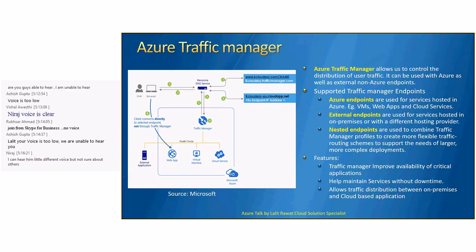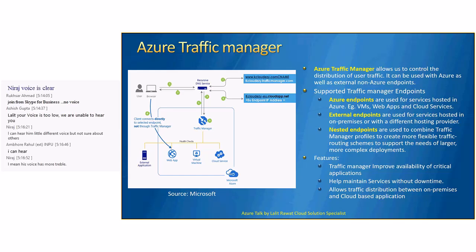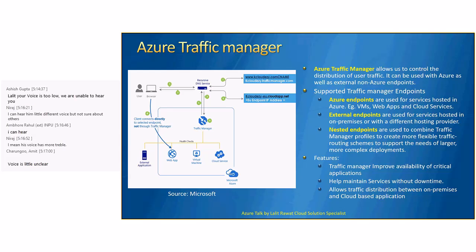Suppose you have a bunch of services in Azure and a bunch of services in your on premises, and you have a complex network, and you need to route the traffic between them over the internet, and you don't want your products and applications to be harmed or hampered. In such an environment, you use the nested endpoint, so your environment will be flexible and work accordingly without harming anything.